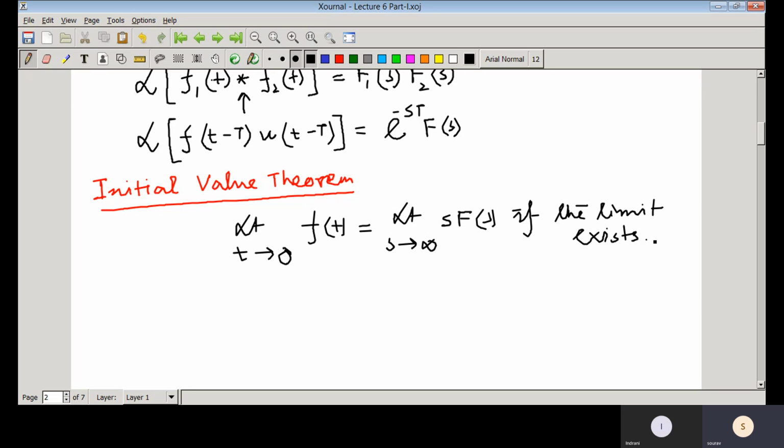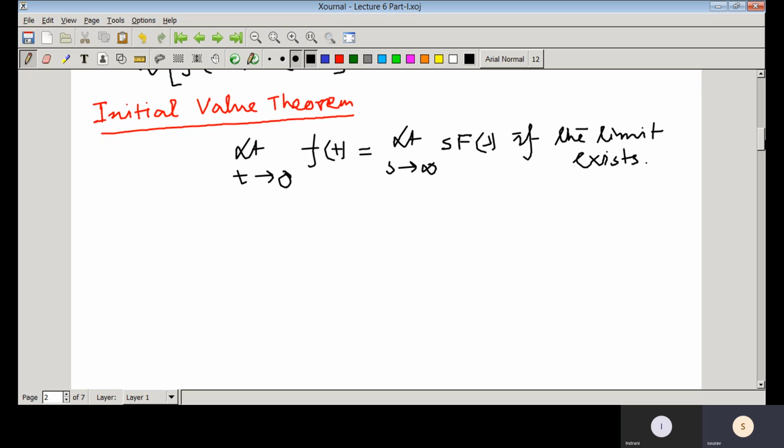Here I am not going to show the proof of this initial value theorem. If you are interested, you can see some standard book on signals.